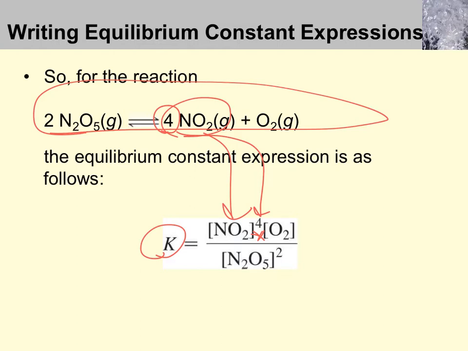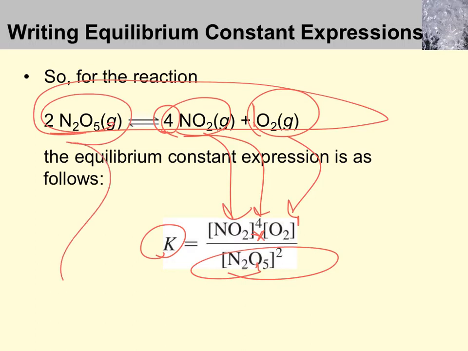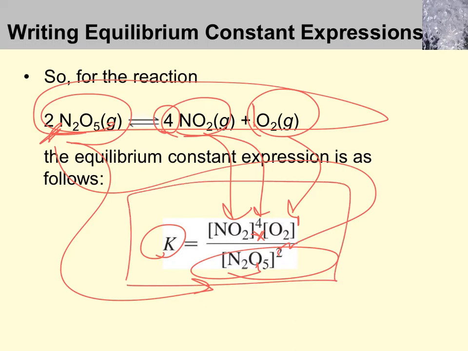They're multiplied. The other product is oxygen. It's assumed to have a coefficient of 1, so the exponent is assumed to be 1. Reactants go on the bottom. So N2O5 is a reactant. It has a coefficient of 2, which becomes an exponent. And this is the equilibrium constant.